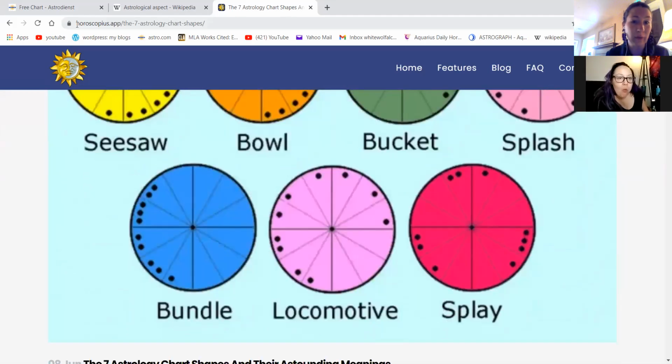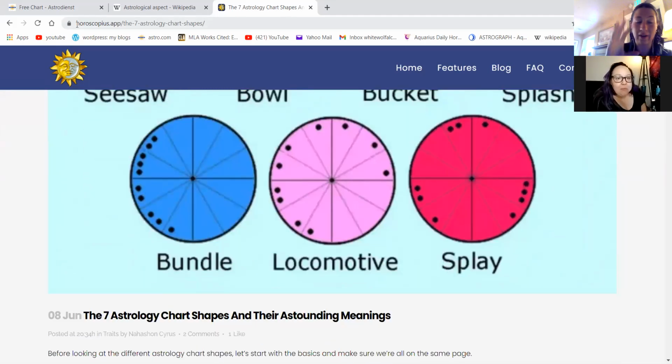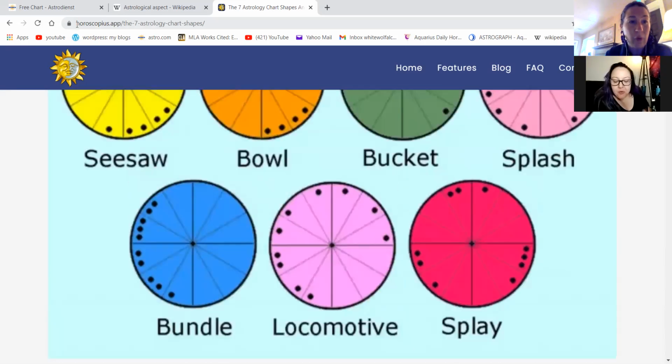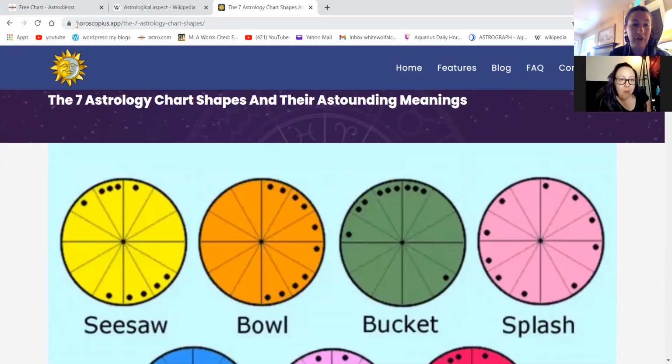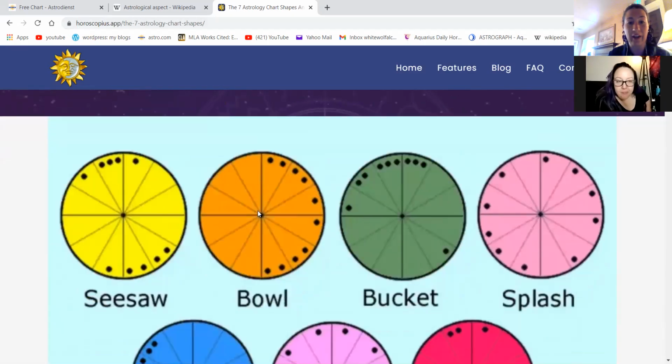So we have 7 main ones. There are other ones, but these are the ones that stick out the most in the pattern. Each quadrant of the chart represents different types of the personality. Imagine, I should do a diagram and I apologize, I'm not more prepared, but when you're looking at a chart as a whole, it's backwards.